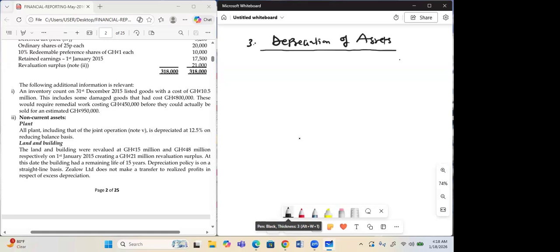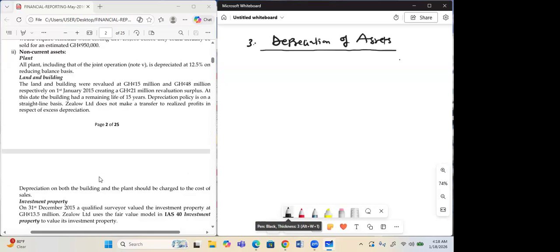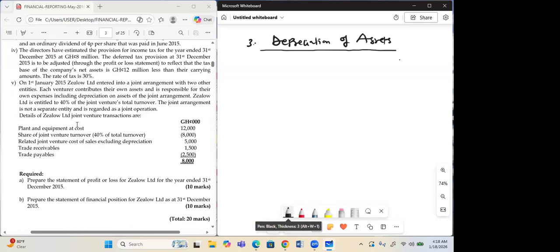So sir, it means that there was a certain joint operation in Note 5. Let's go down to Note 5 and see that joint operation. It says on 1st January 2015, Zillow Limited entered into a joint arrangement with 2 other entities. Each venturer contributes their own assets and is responsible for their own expenses, including depreciation on assets of the joint arrangement.